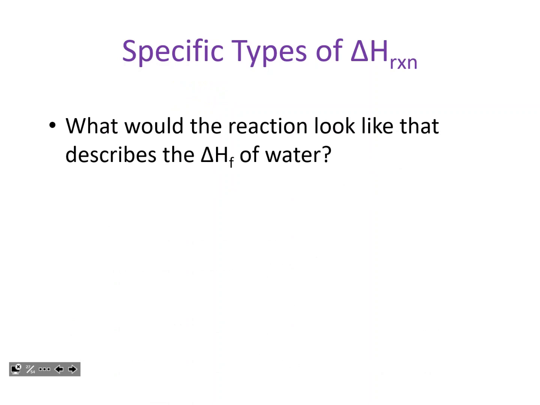Well, the water would go over here as the product because it's being formed. But by definition, heat of formation is for 1 mole of that, so we have to balance it off of the fact that this is going to result in 1 mole. Now, what are the elements that go into making H2O, and what are their normal elemental forms?